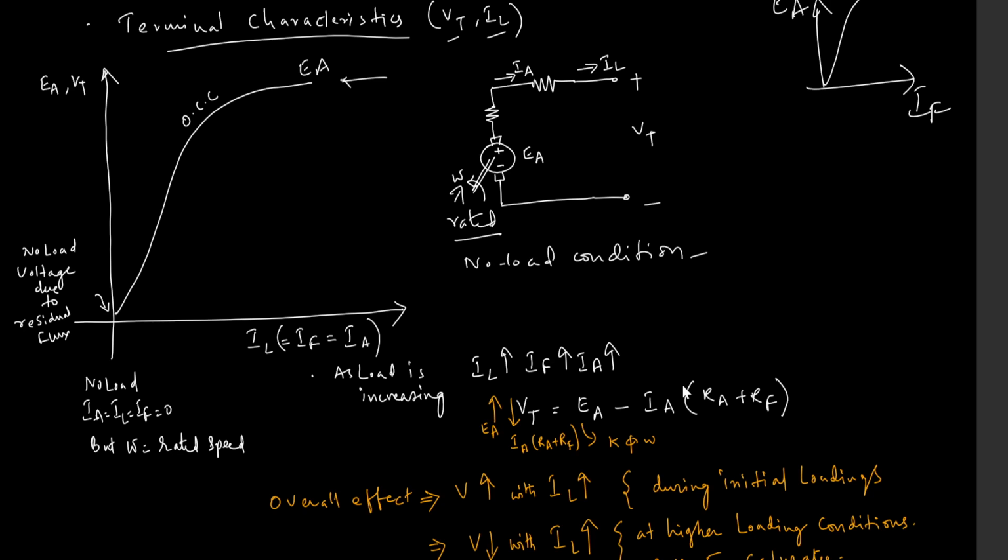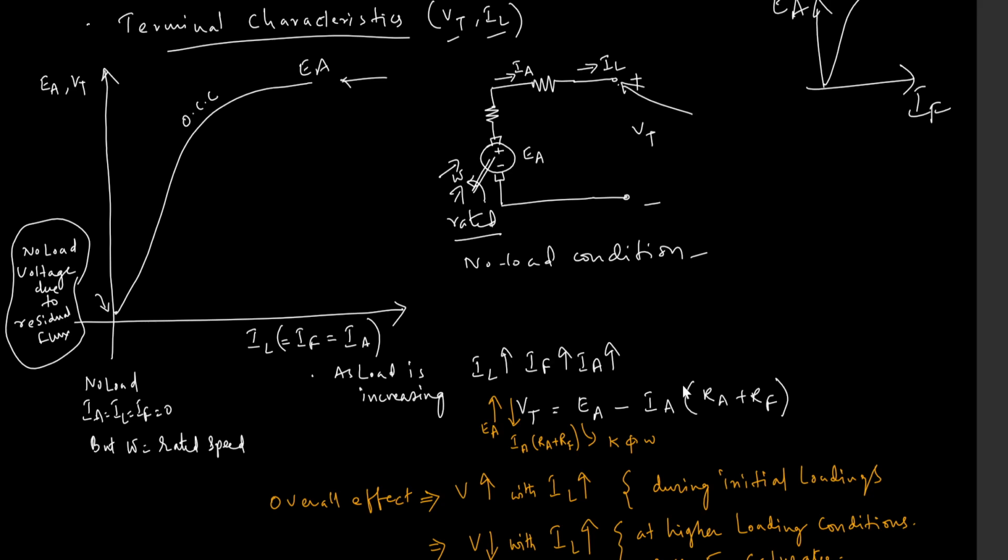Now when the machine is started rotating through the prime mover from 0 to rated speed, because I am not connecting any load, it is just mechanically rotating, increasing its speed from 0 to rated speed. Due to residual flux in the core, as the speed increases, the voltage at the terminals appears.